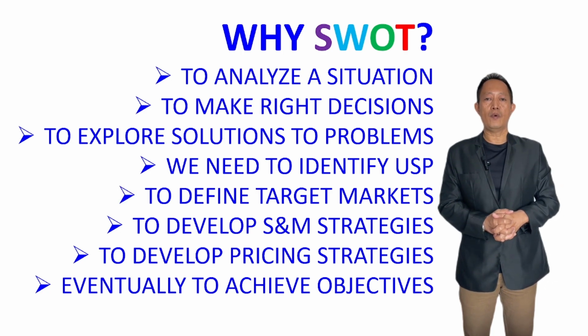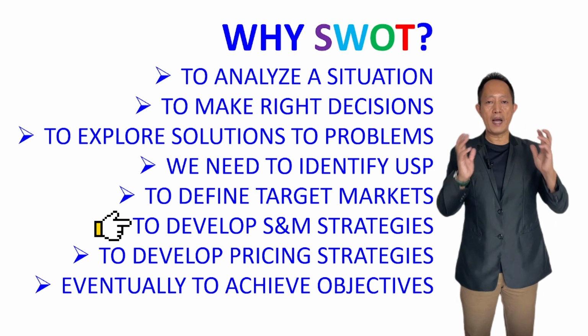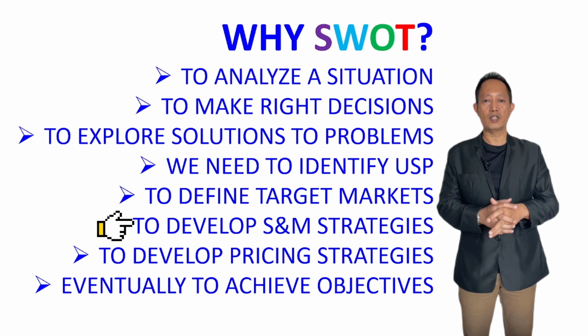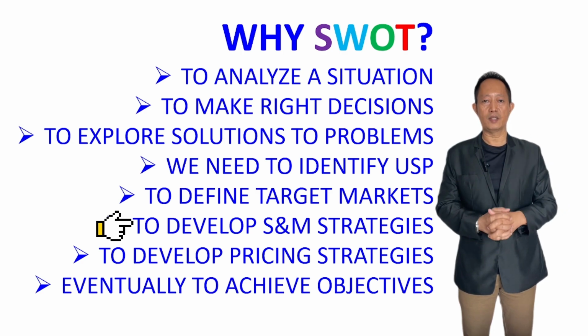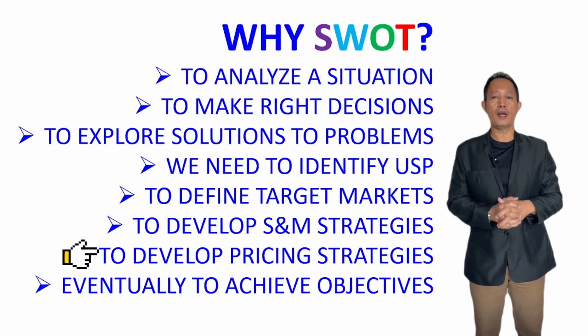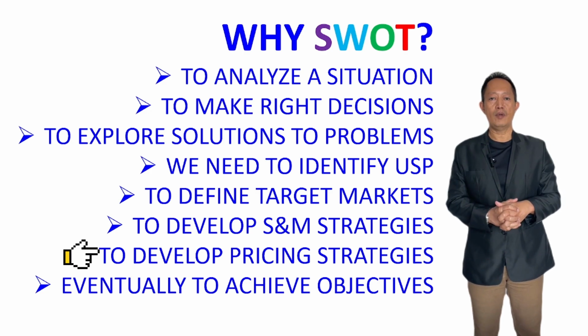Another reason we do SWOT is to develop sales and marketing strategy. We can compile our strategy, such as selling strategy and marketing strategy, and then we can decide our pricing correctly. Another reason we do SWOT is to develop our pricing strategy. How can we decide our pricing?